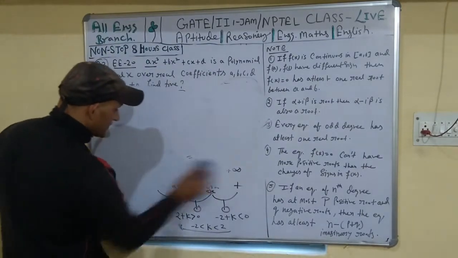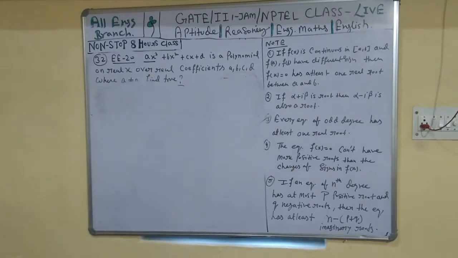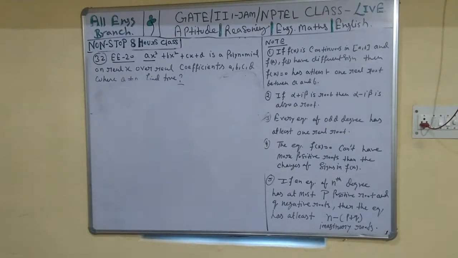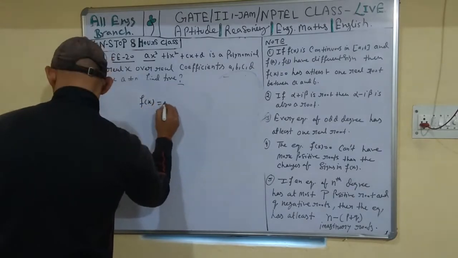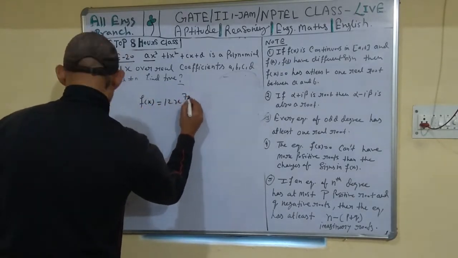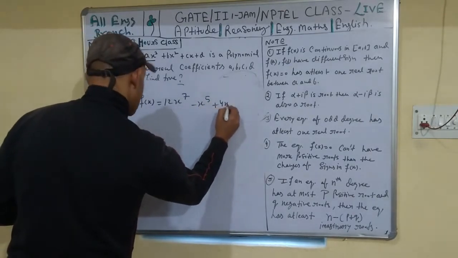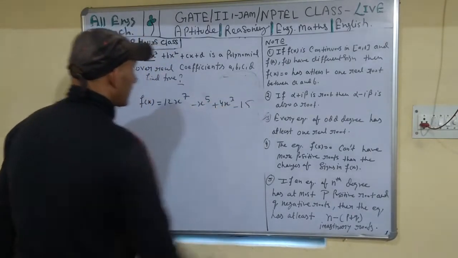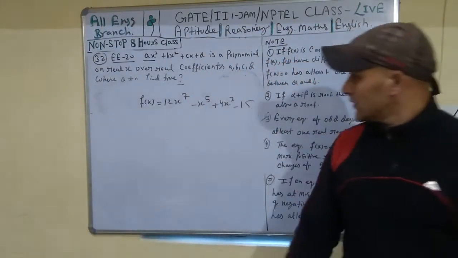The last question is very important. The question is this: f of x is equal to 12x to the power 7 minus x to the power 5 plus 4x to the power 3 minus 15. How to check the change of sign?